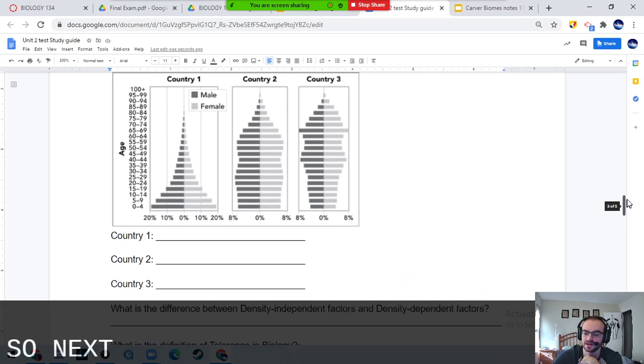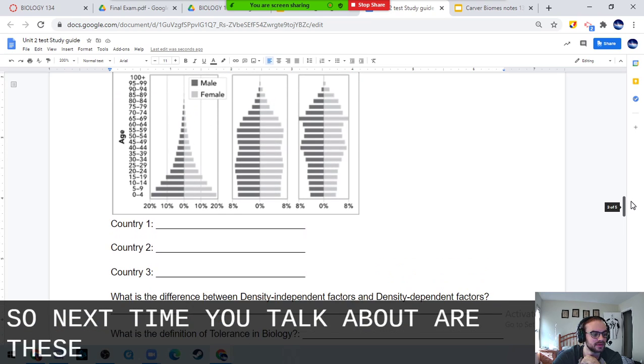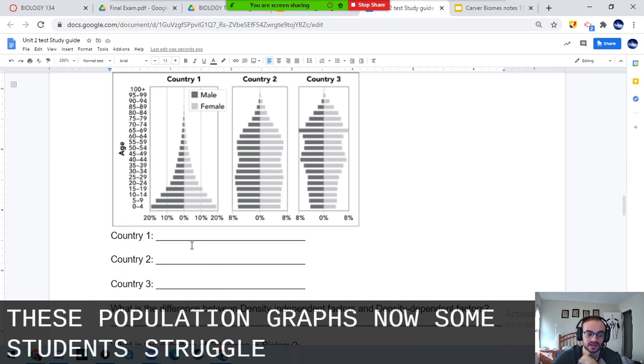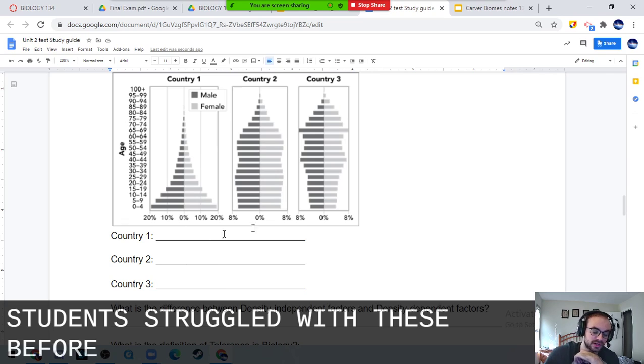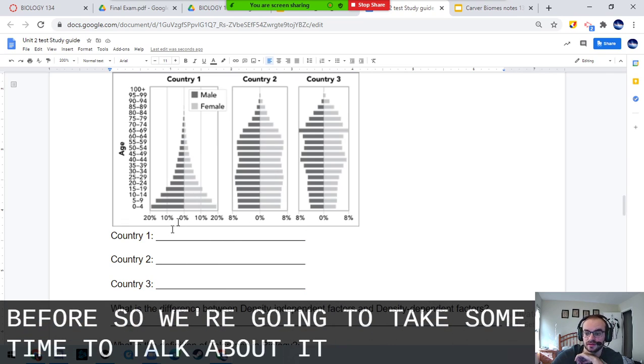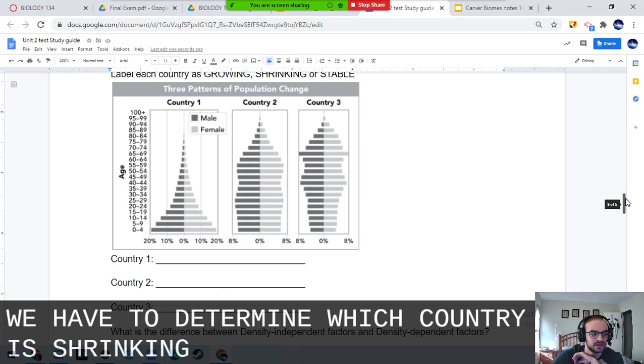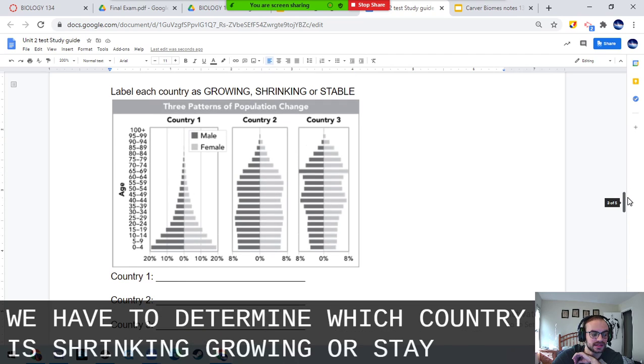So next thing we're going to talk about are these population graphs. Now, some students struggled with these before, so we're going to take some time to talk about it. First thing, we have to determine which country is shrinking, growing, or staying stable.